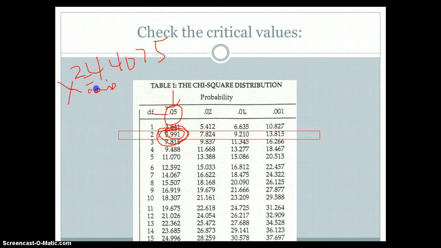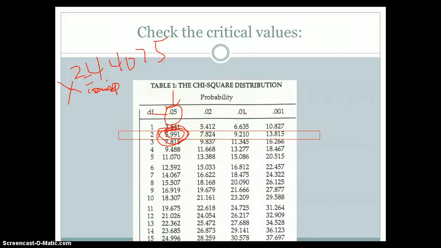That's supposed to be COMP for computed. Oh well. Our chi-square of 4.4075 is not equal to or higher than 5.991. So we're going to fail to reject the null hypothesis. But remember that there is this sort of logic to comparing our computed value to the critical value to see if there is a statistically significant result.